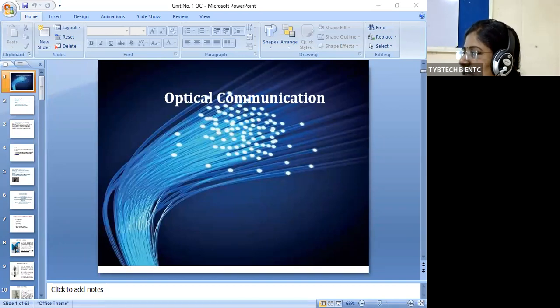Don't write explanation, just write the main point. High information carrying capacity. Second, resource plentiful. Then third, less attenuation.